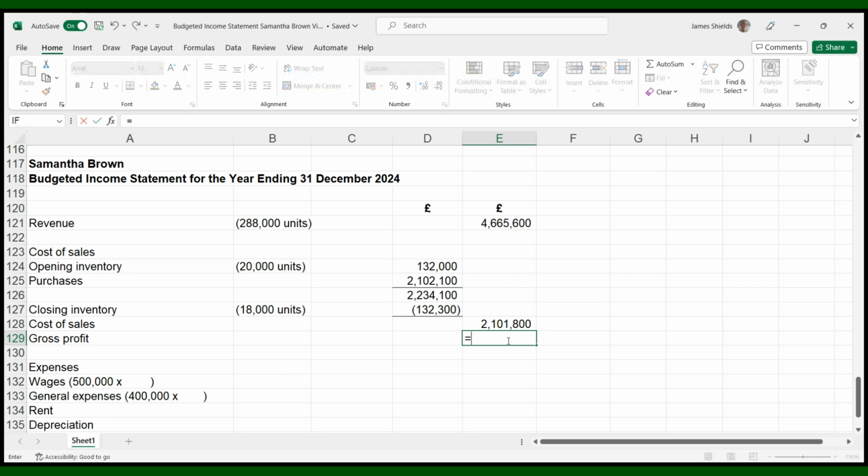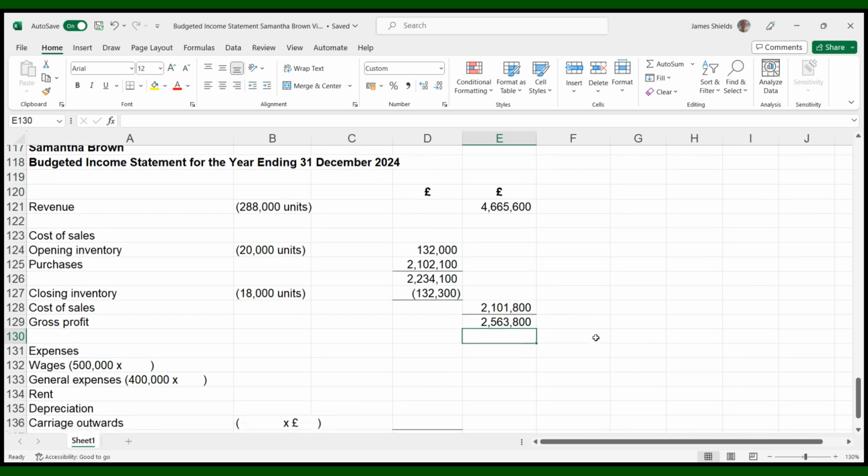Now my gross profit, that's going to be your revenue, which is 4,665,600. Take away your cost of sales of 2,101,800 to give me a gross profit of £2,563,800. So that's the top part of the budget income statement, also known as the trading section.